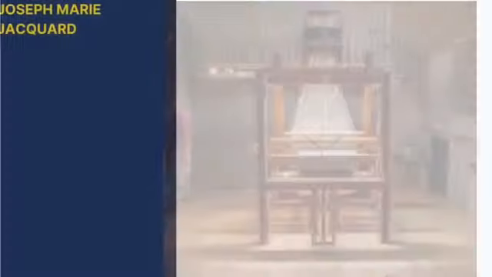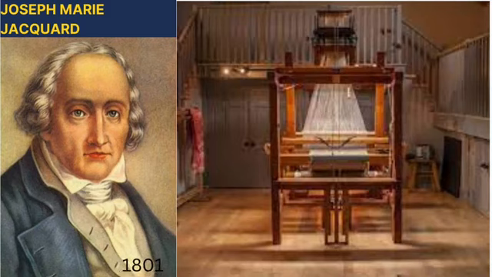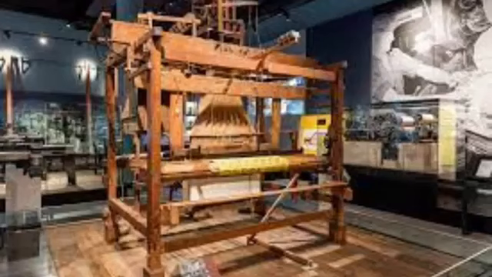Moving forward, we have the Jacquard loom. Jacquard loom was invented by Joseph Maria Jacquard in the year 1801. This particular machine was controlled by a number of punched cards put together into a continuous sequence.